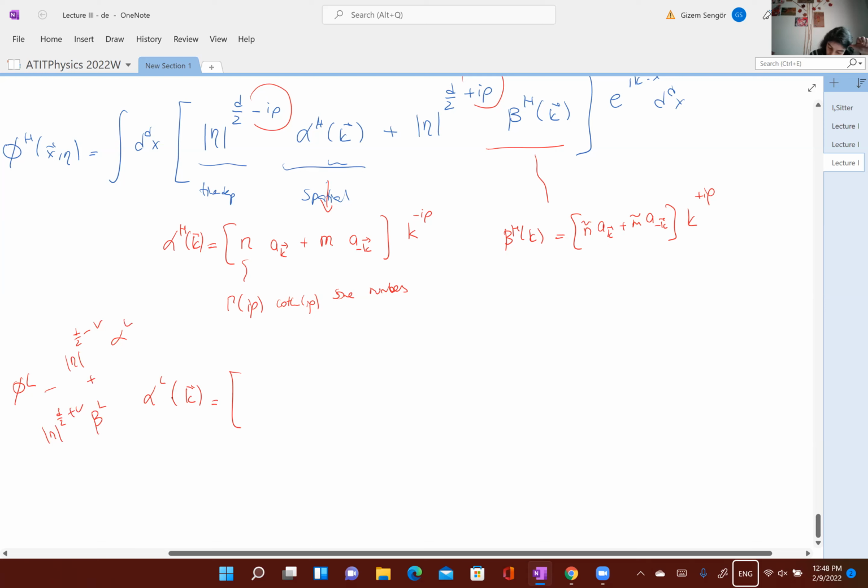Okay, actually, let me just write. In one case, it looks like this. Again, just some general coefficients.